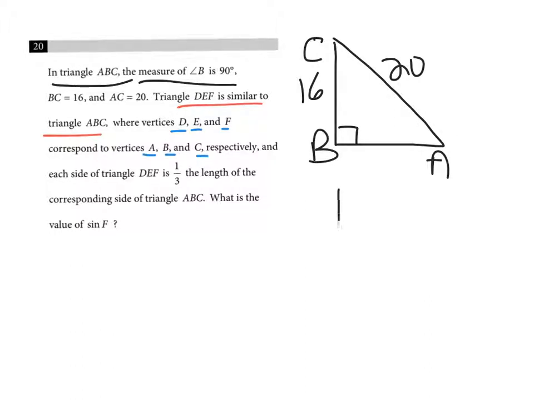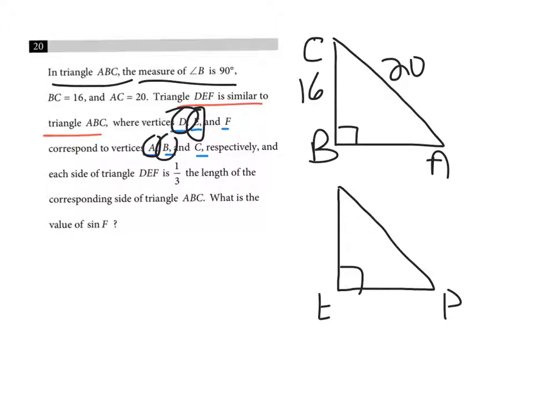So what I'm going to do is I want to draw this other triangle, and it says vertices D corresponds to A, E corresponds to B, and F corresponds to C. So here's my similar triangle.